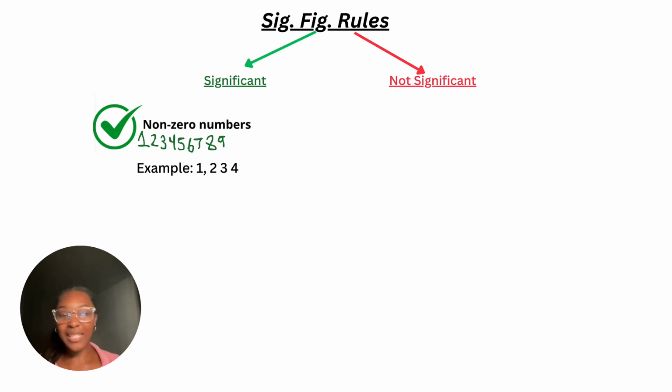So let's do a little example of how many significant figures would be in the number 1,234. We will count each individual number. So 1, 2, 3, 4, and we have 4 sig figs. Just a little short version of significant figures.